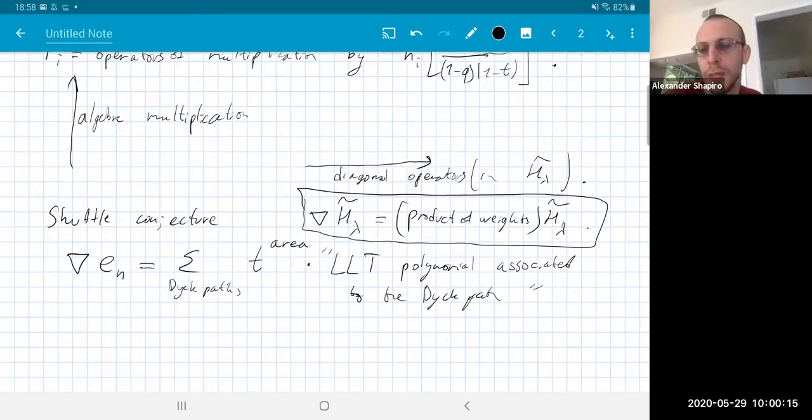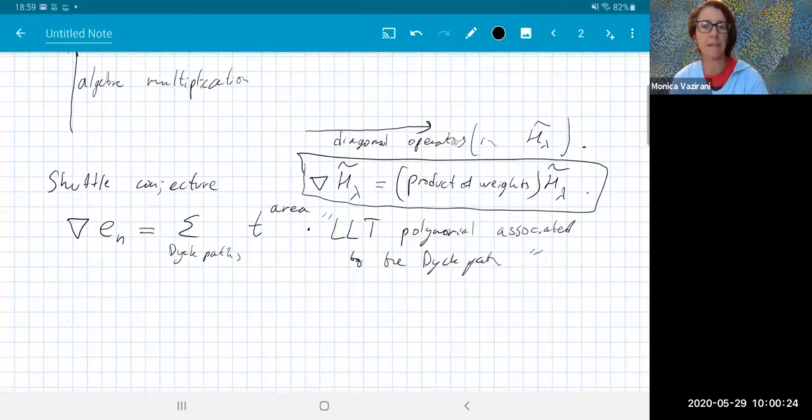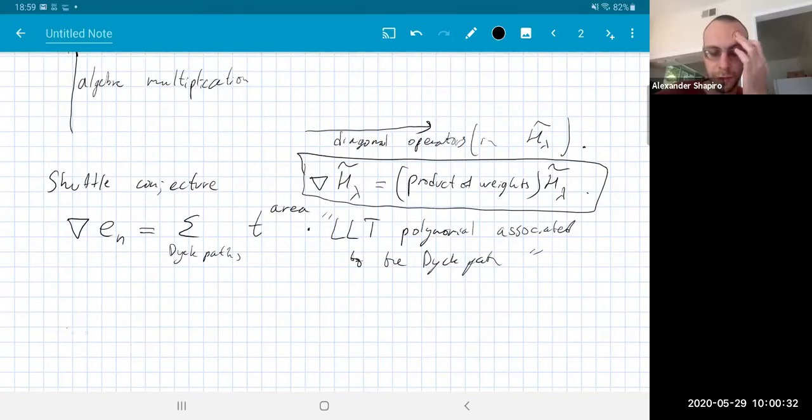I'm sorry, I guess I'm still a little confused. Can you expand a little? So when we write the product of weights, it would be like the kth elementary symmetric function if lambda has k boxes. Oh, I see. Yes. And it's possible to express this nabla in terms of Macdonald operators?